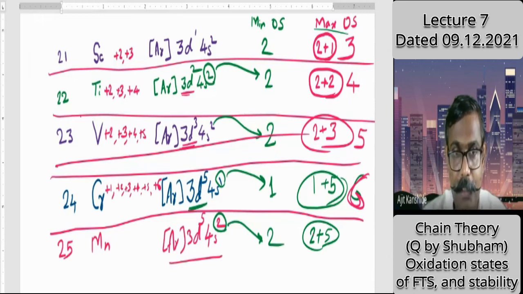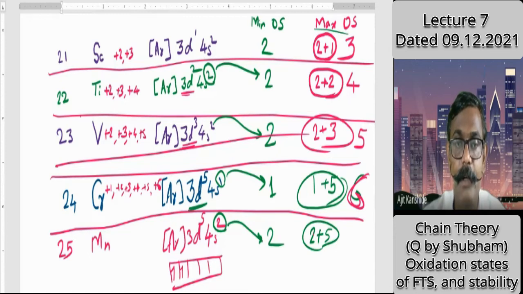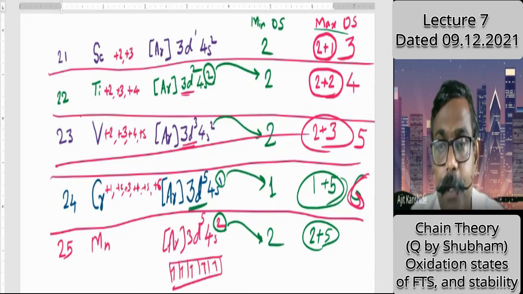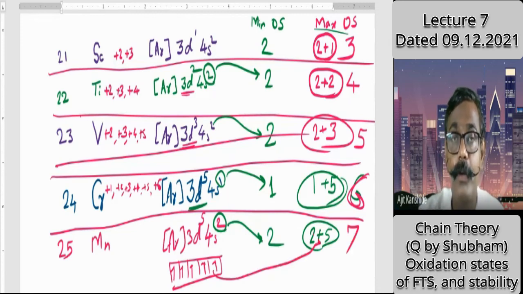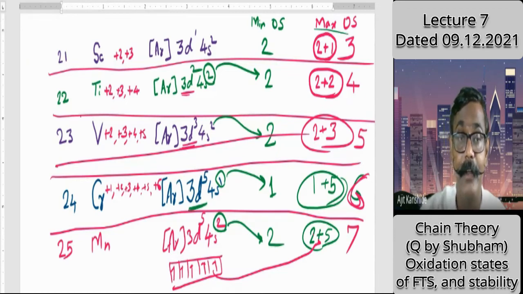If I represent the d orbital, five electrons: one window seat, second, third, fourth, and fifth window seat. So five unpaired electrons. The maximum oxidation state possible is +2 plus 5, equal to +7. So manganese will show variation from +2, +3, +4, +5, +6, and +7.